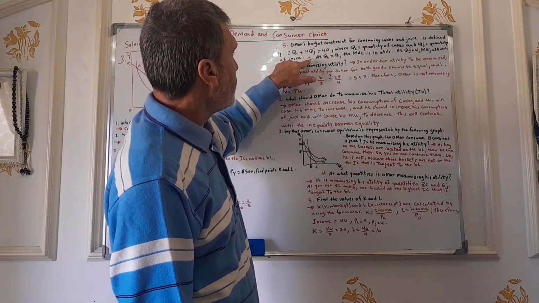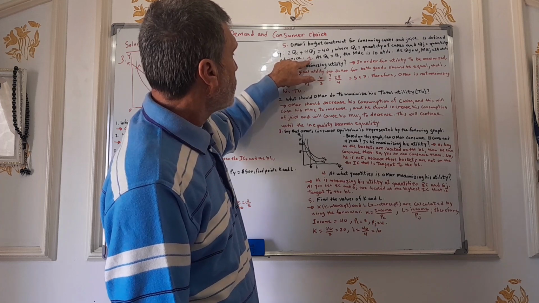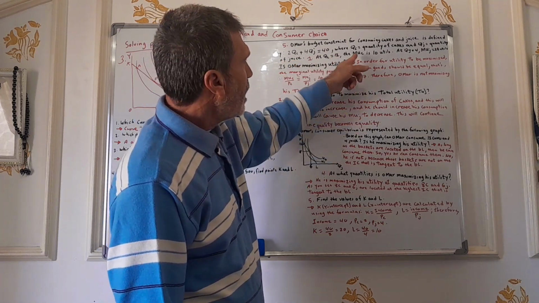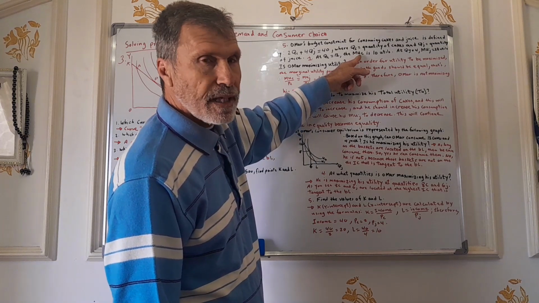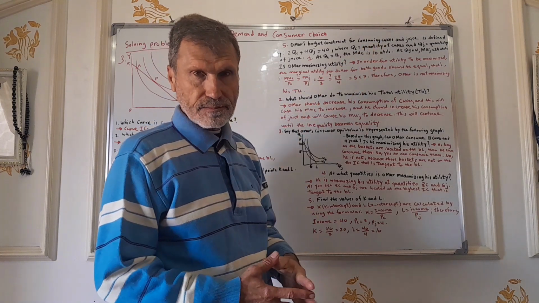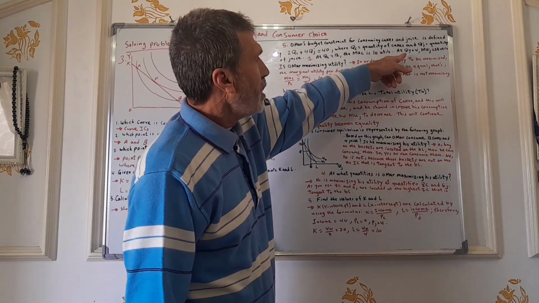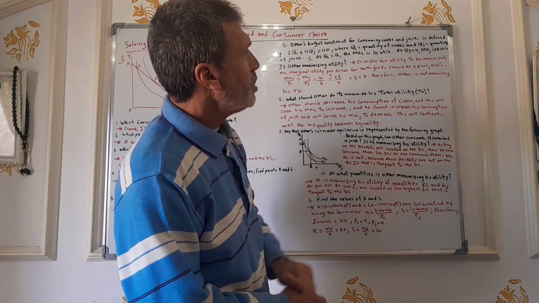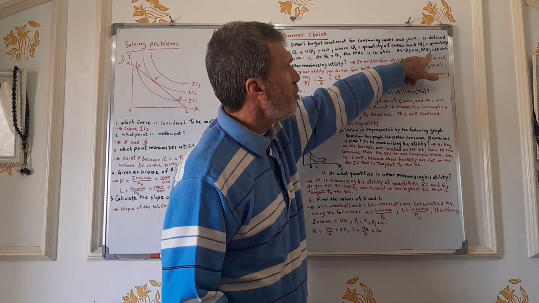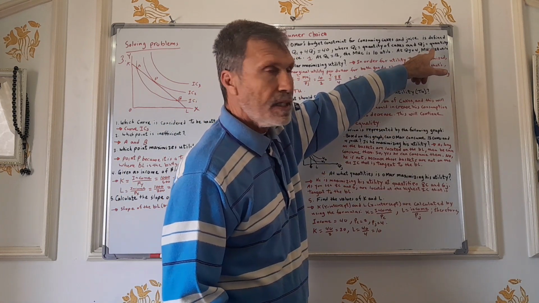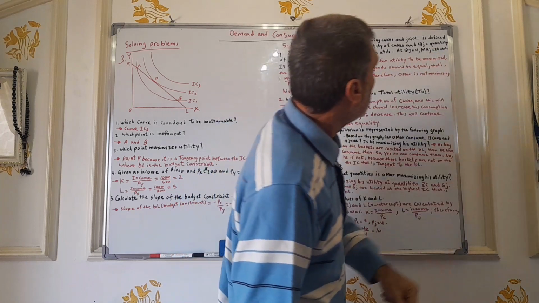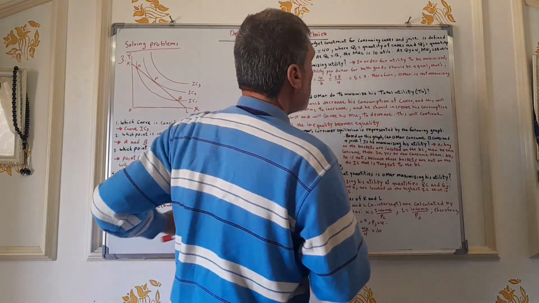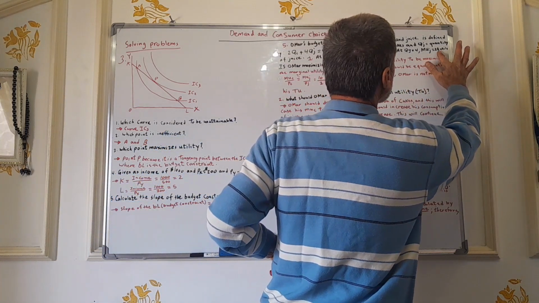Now, part 1 of problem number 5 says at QC equal to 12, the marginal utility of cakes is 10 utils. At QJ, quantity of juice, equal to 4, the marginal utility of juice is equal to 28 utils.